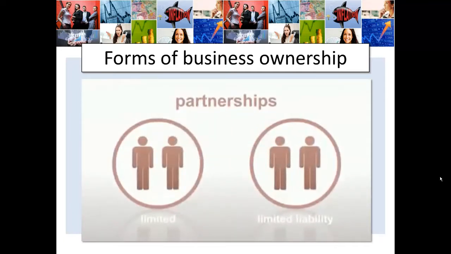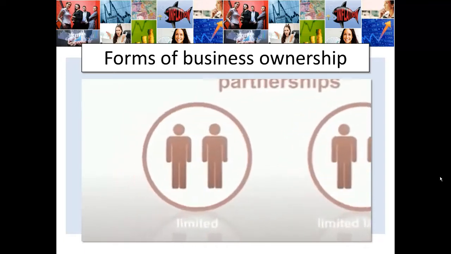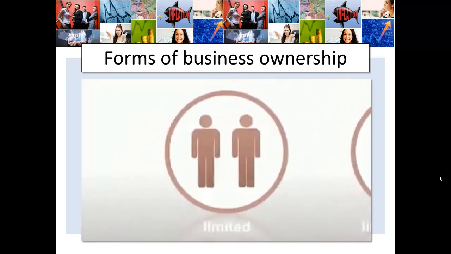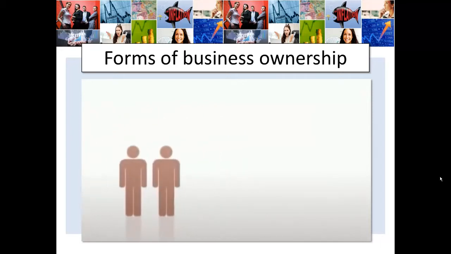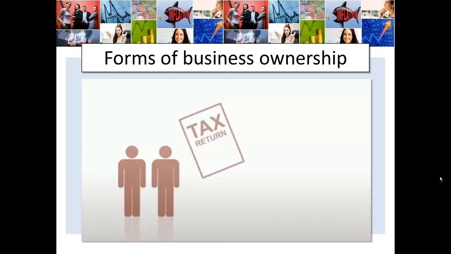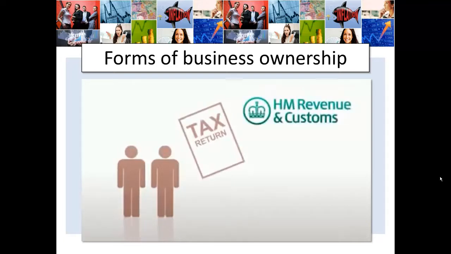They are similar to simple partnerships, but limited partners are not liable for business debts. However, they have more complicated setup and reporting requirements. So you'll need to look into what these are and whether you can meet them. Whichever type you choose, one of the partners must submit an annual tax return for the partnership to HMRC.